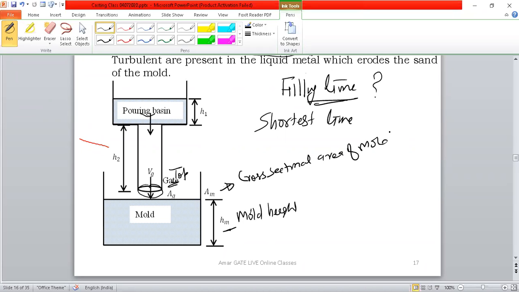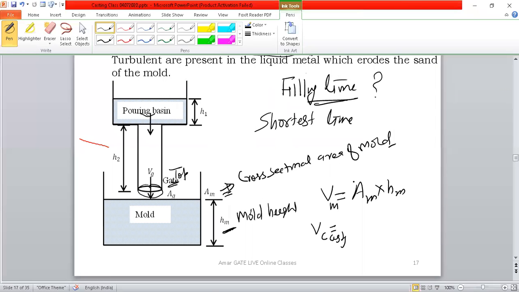Now we have to find out, if the area of the mold is AM and the height is HM, then the volume of the mold, or volume of casting, will be equal to AM into HM, because this is a rectangular area.